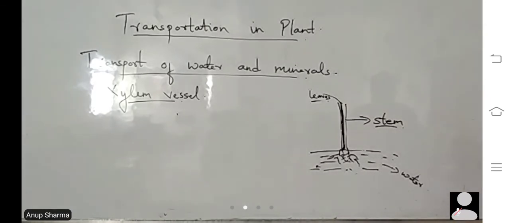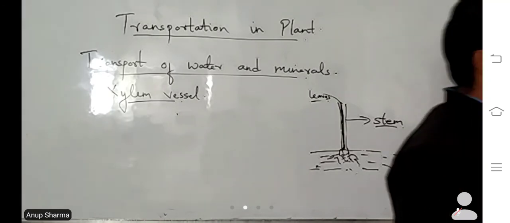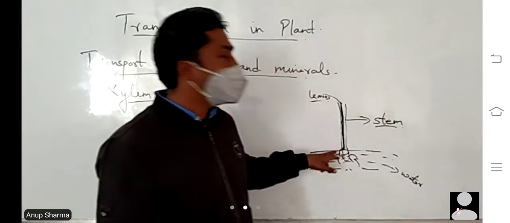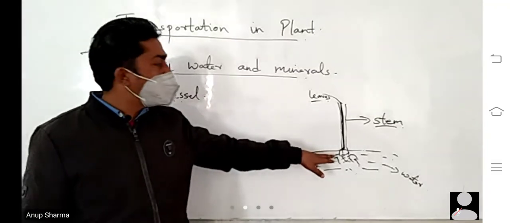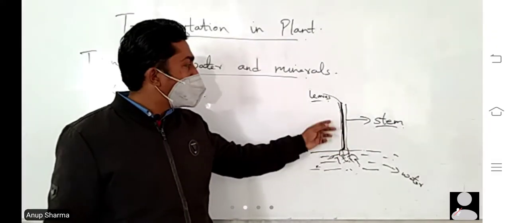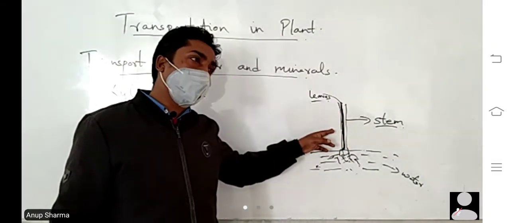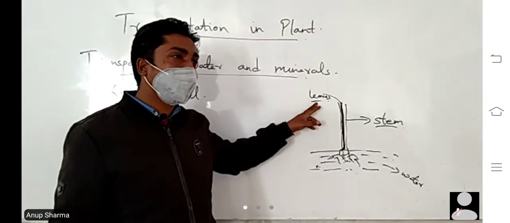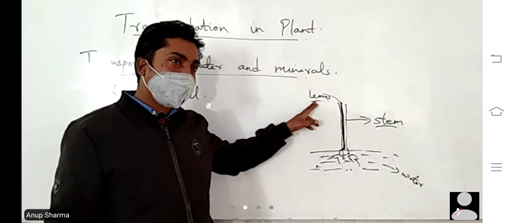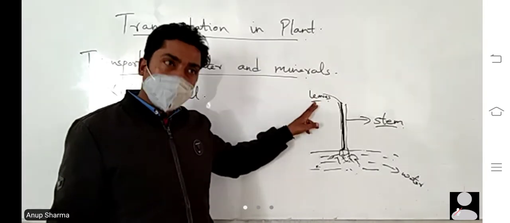They are transported from the soil through the roots, which are connected to the epidermis and cortex, into the xylem vessel, which is present in the stem of the plant, and finally it reaches the leaves for preparation of food.